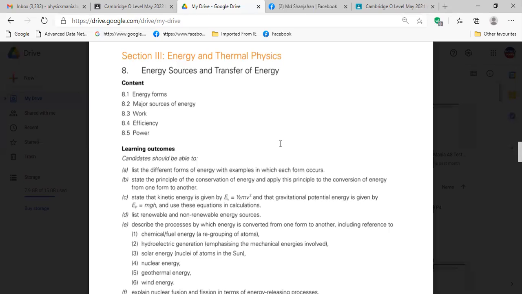Using the sea wave, we can produce also electricity. Then we have tidal wave, tide. From the tide, we can also get flow of water, right? That one can be also used to get the electrical energy.